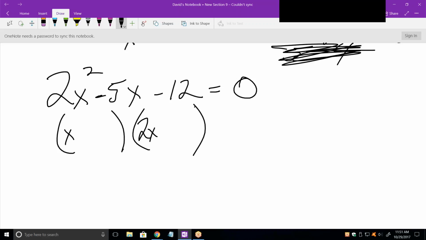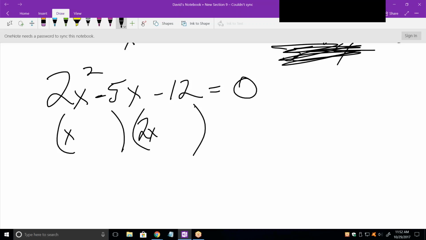After you split them up, make sure you multiply them back together to get that term, because we have to produce 2x squared as a first term in the final quadratic. So we don't really have any choice of how to split the two x's up. It can only be x and 2x. It doesn't matter if I put the 2x first and the x second. It's going to be the same thing.